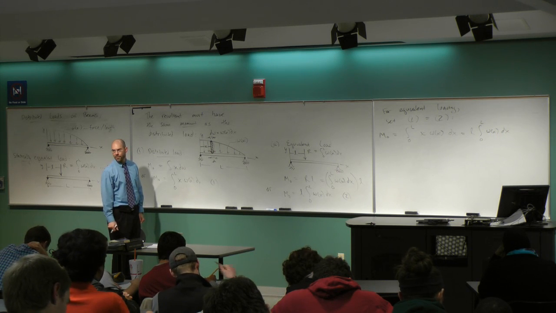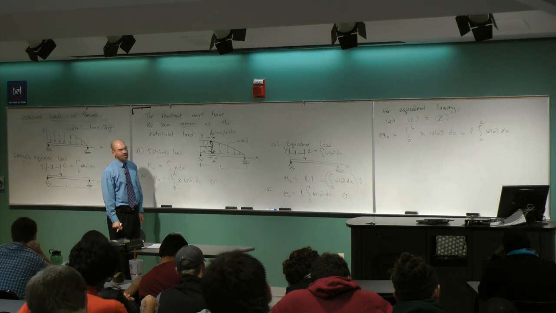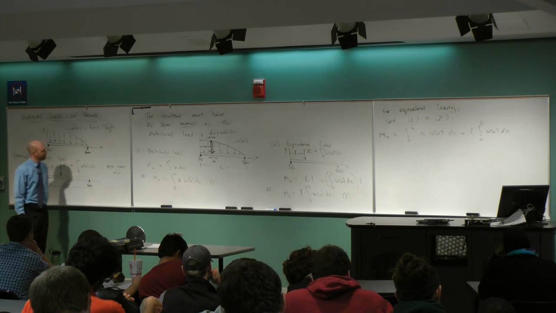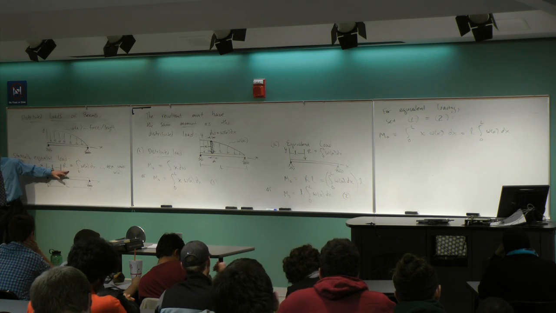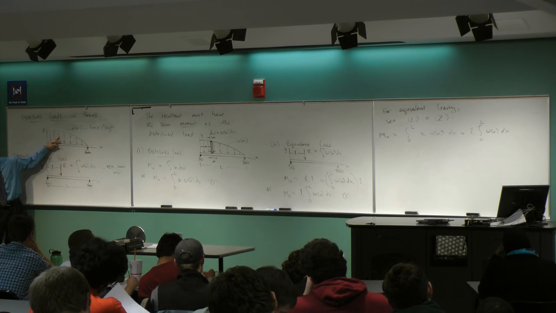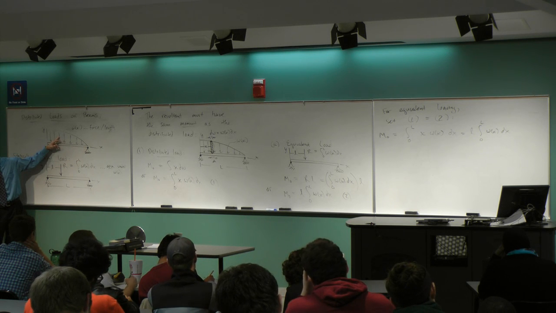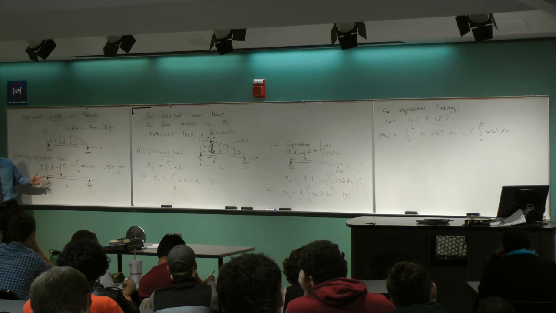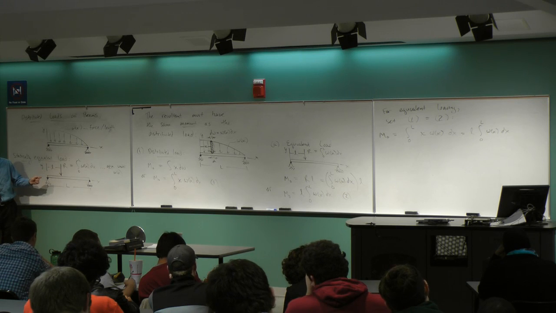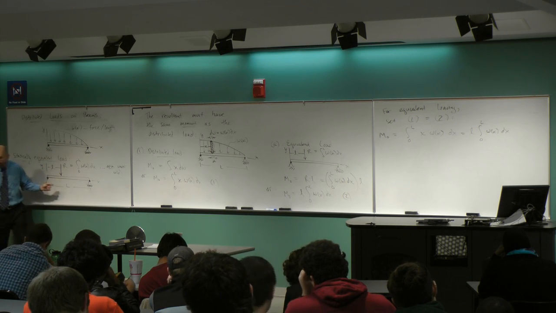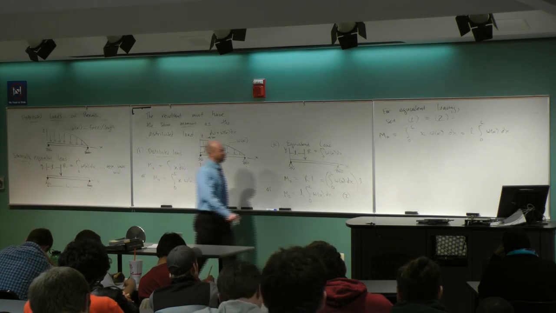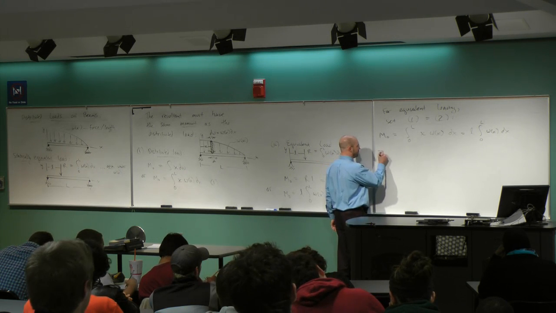What am I trying to find here? Am I trying to find R? I know R, it's the area under the curve. I'm trying to find the place where I put the R, which is small l. So don't I want to solve this for small l?